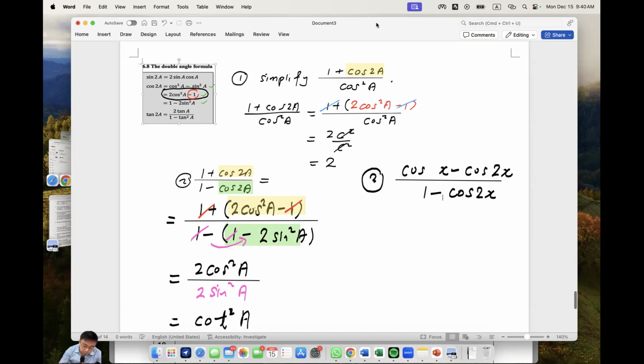Can I change the question a bit? Sorry, I changed to 3x and x. Sorry, I can't calculate. Okay, maybe I try this one.